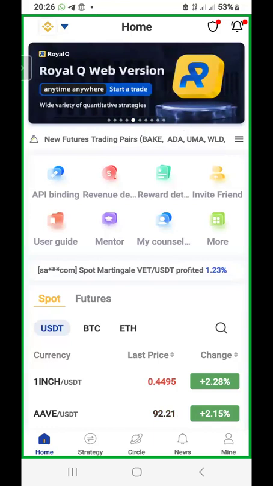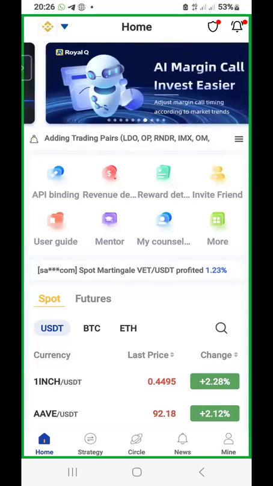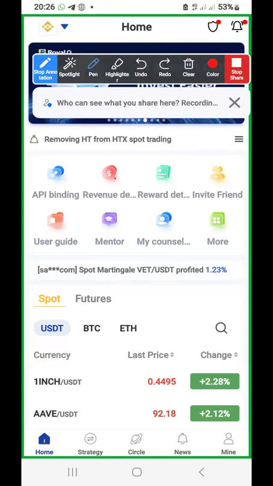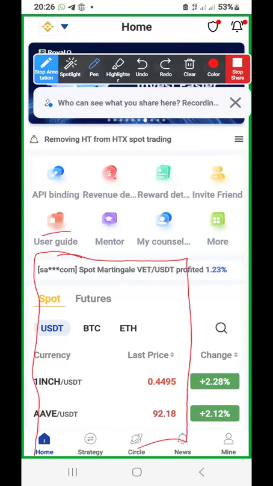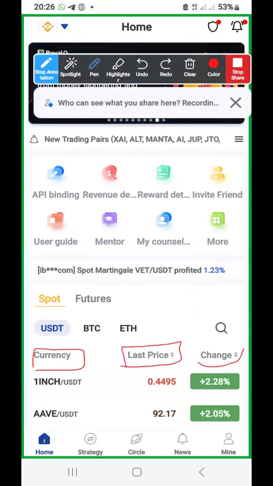Now, still on the homepage, on the list of coins in the respective markets of either USDT, BTC, or Ethereum, we have the currency itself, the currency's last price, and then the percentage change, right?